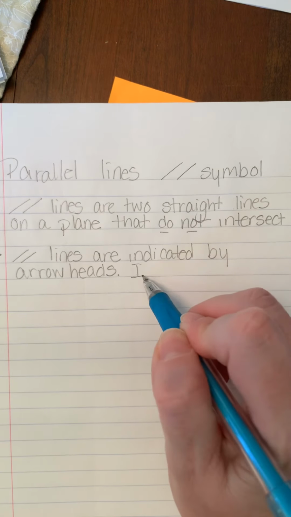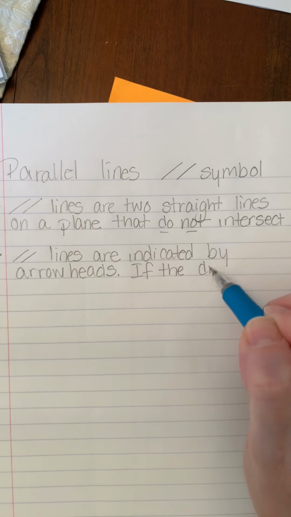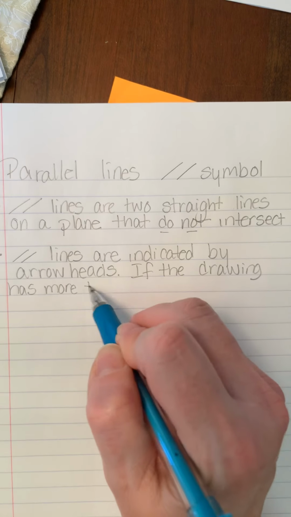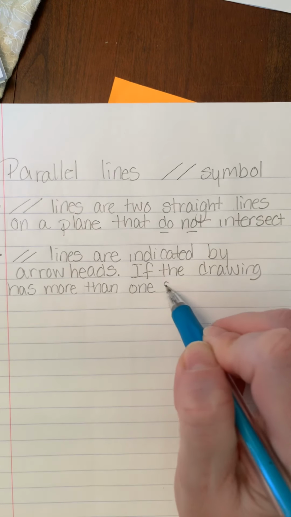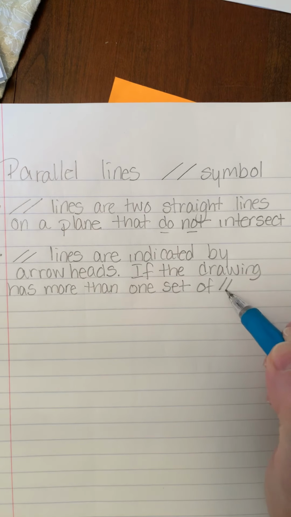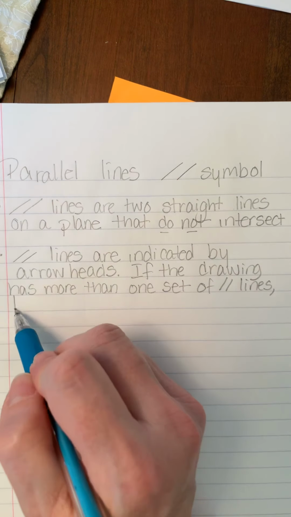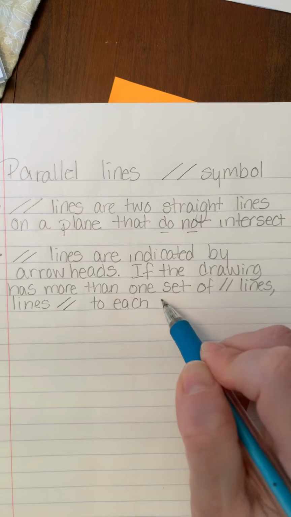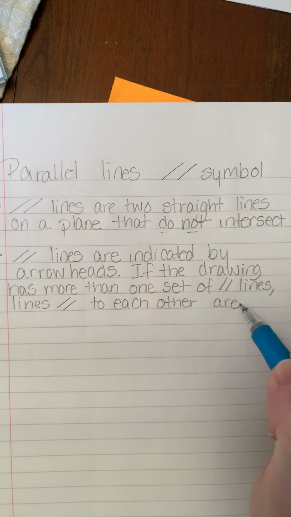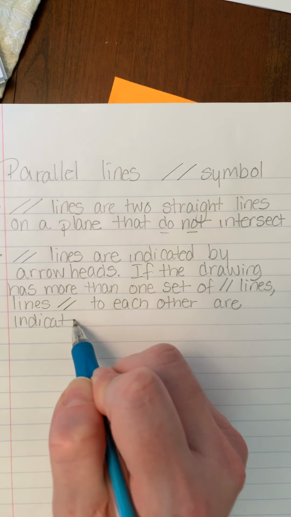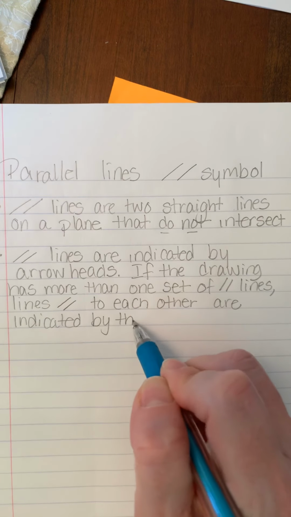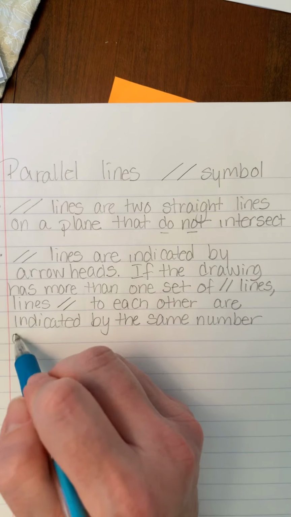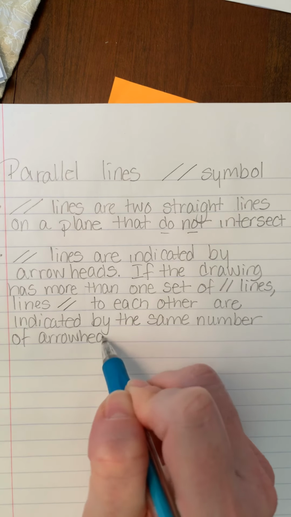If the drawing has more than one set of parallel lines, the lines parallel to each other are indicated by the same number of arrowheads.